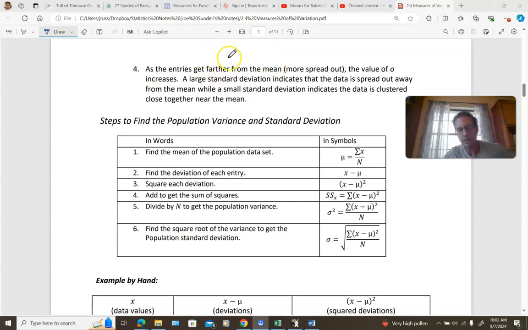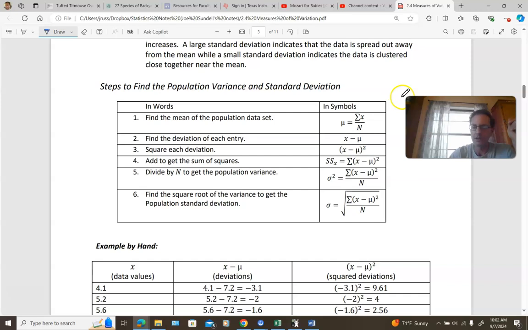So as the entries get farther from the mean, or more spread out, in other words, the value of sigma is going to increase, which makes sense because those deviations are going to be bigger, and you'll be squaring them. So a large standard deviation indicates that the data is more spread out away from the mean, and a smaller standard deviation indicates that the data is closer, more clustered around the mean.